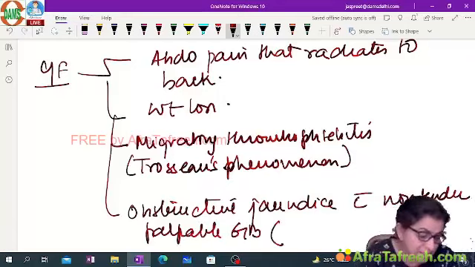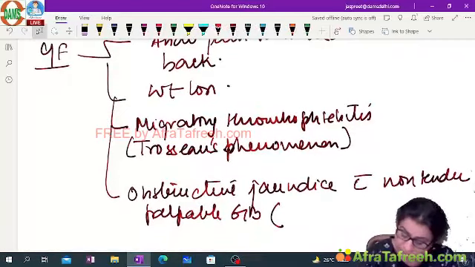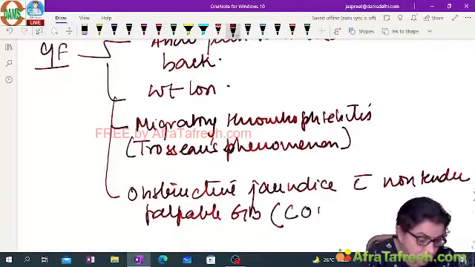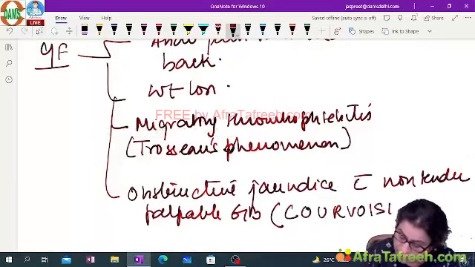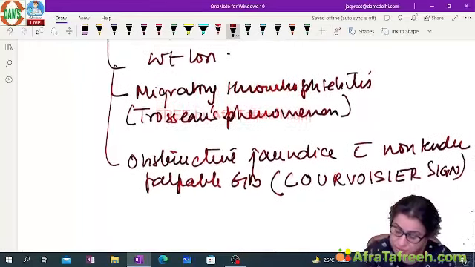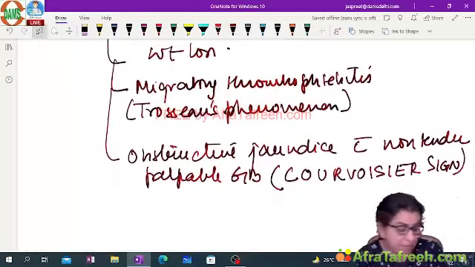This is termed Courvoisier's sign, that's obstructive jaundice with a non-tender palpable gallbladder.